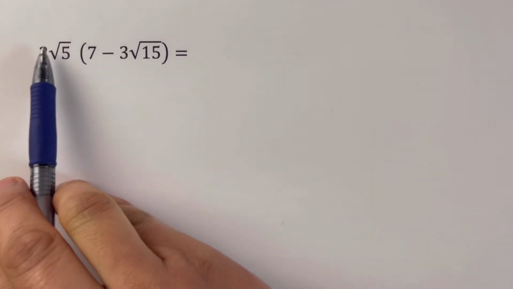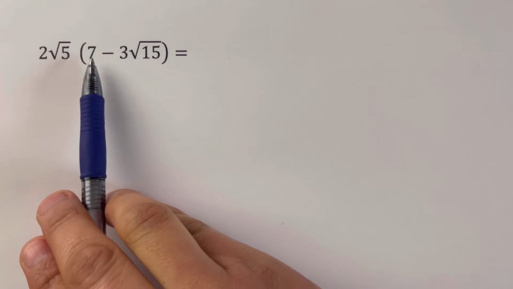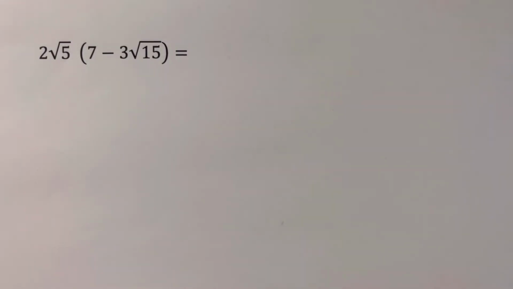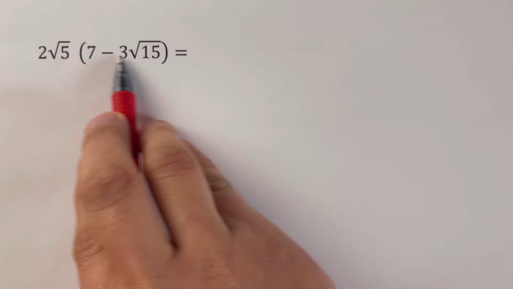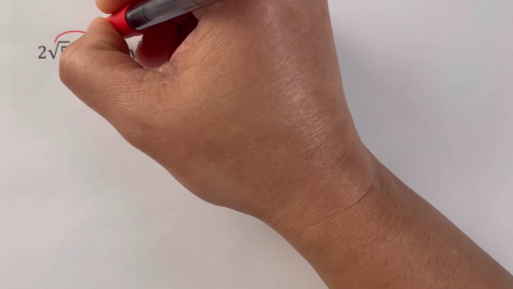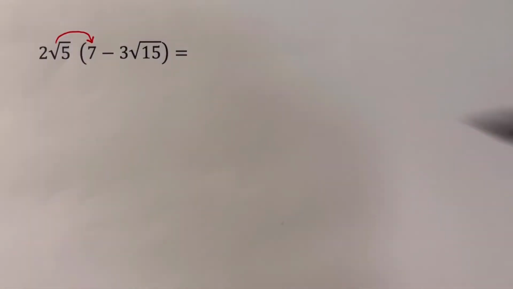Okay, in this example, we have one term outside the parentheses and we also have two terms inside the parentheses. So that means we are going to use the distributive property for this. So we are going to distribute this 2 square root of 5 to each of the terms inside the parentheses. So we're going to start by multiplying these two, and then I'm going to write it out here.